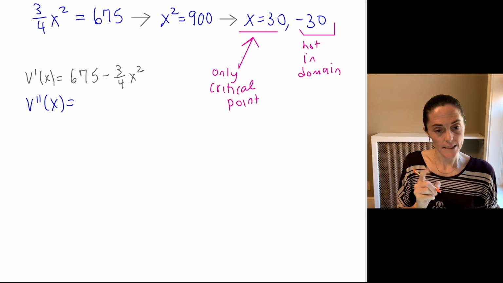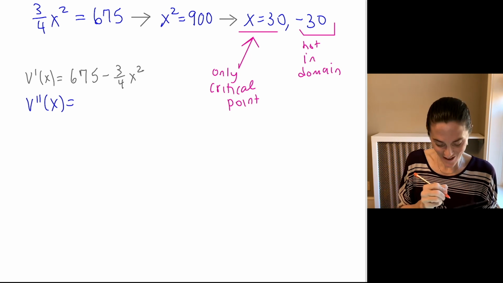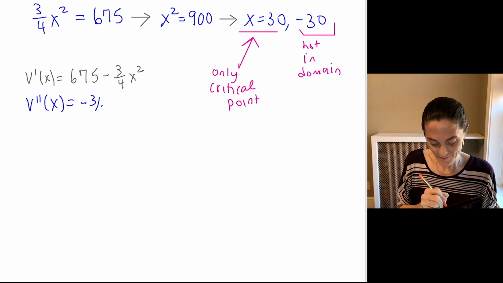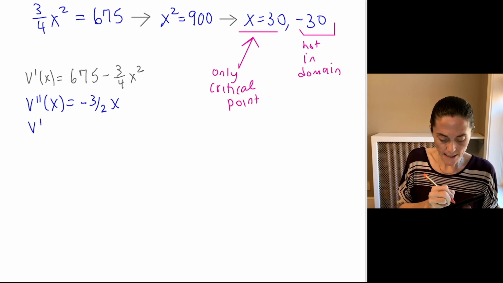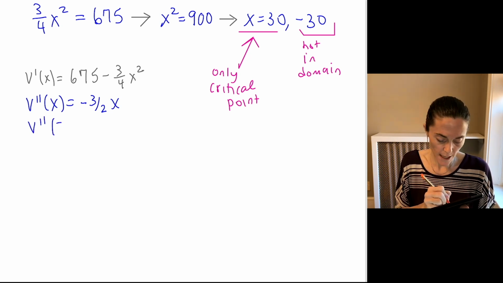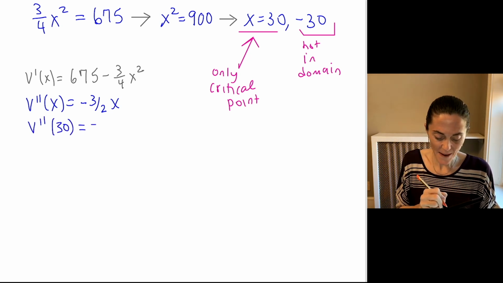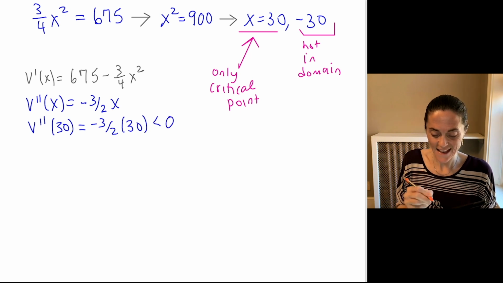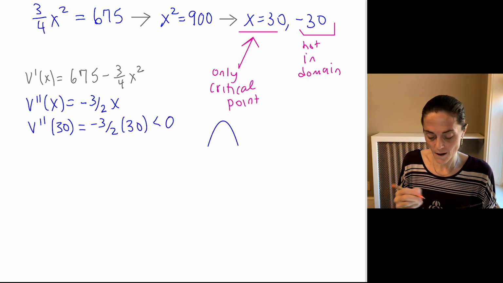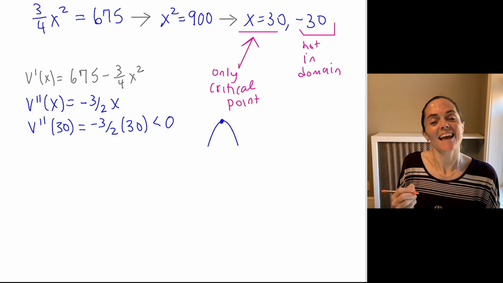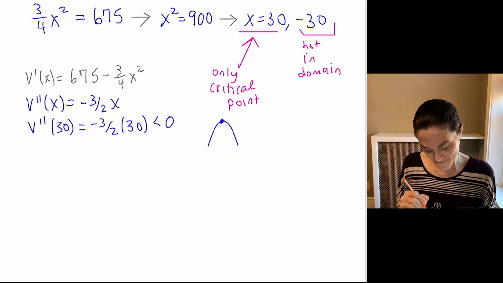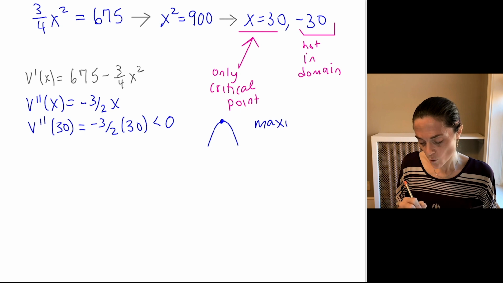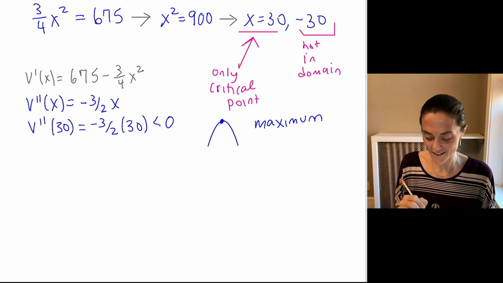We have 0 minus 3 over 2x. And the second derivative at 30 is minus 3 over 2 times 30, which is certainly negative. This says my volume is concave down. And we draw a picture, we have a max. We have a maximum. Wonderful. This is what we were looking for here.